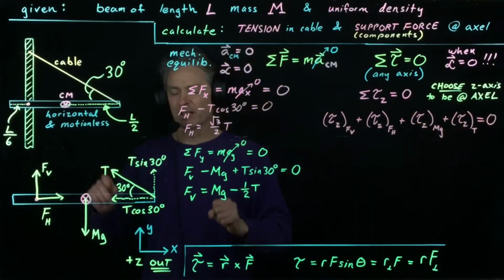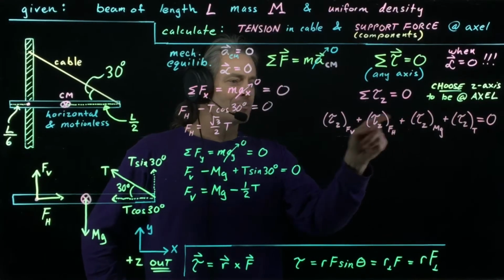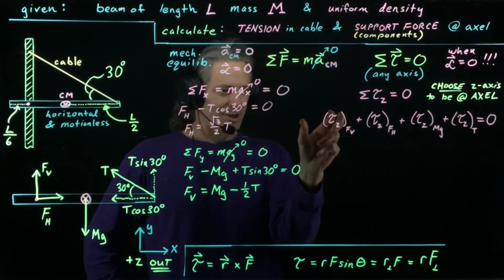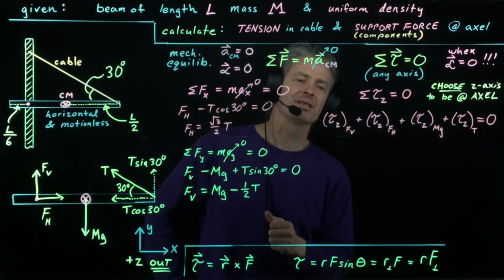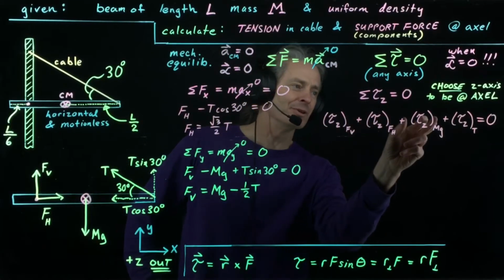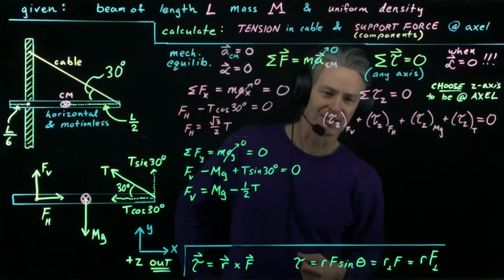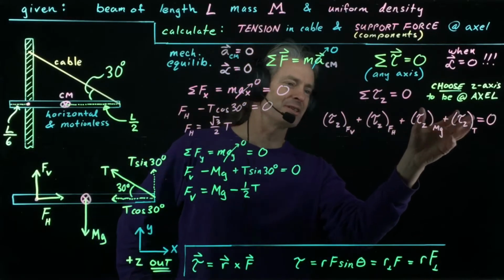All right, let me explain my notation. The z subscript means these are torque components. So when you have torque components, the components themselves could be positive or negative. So each of these symbols could be hiding a negative sign or could be positive. All right, so that's why I've had this plus this plus this plus this.